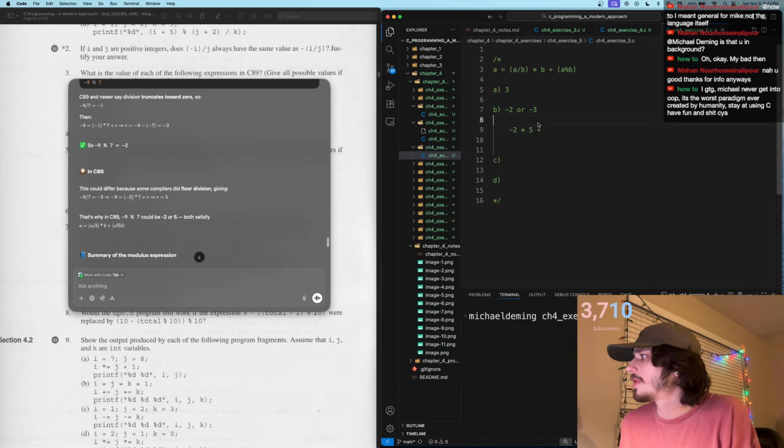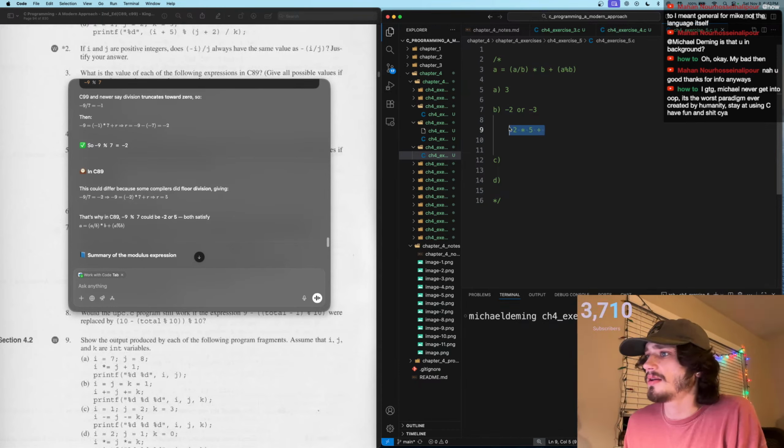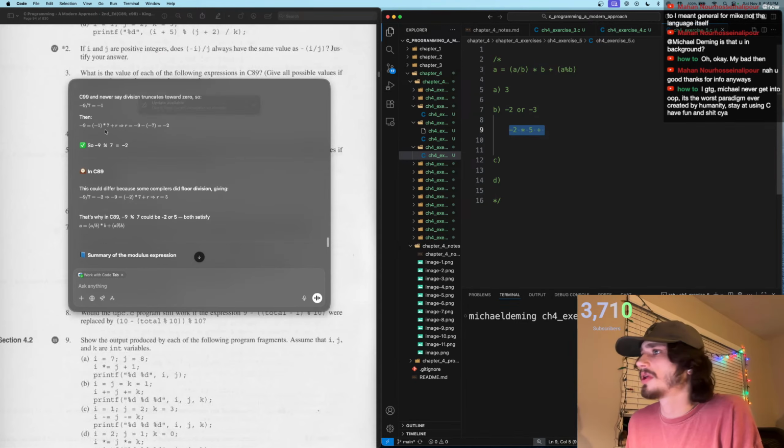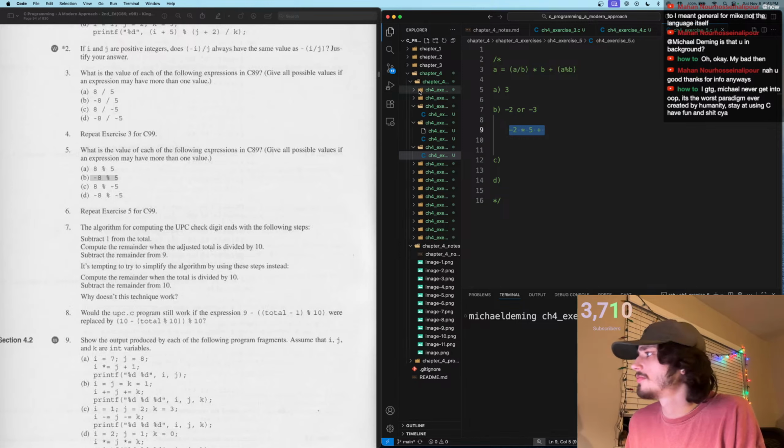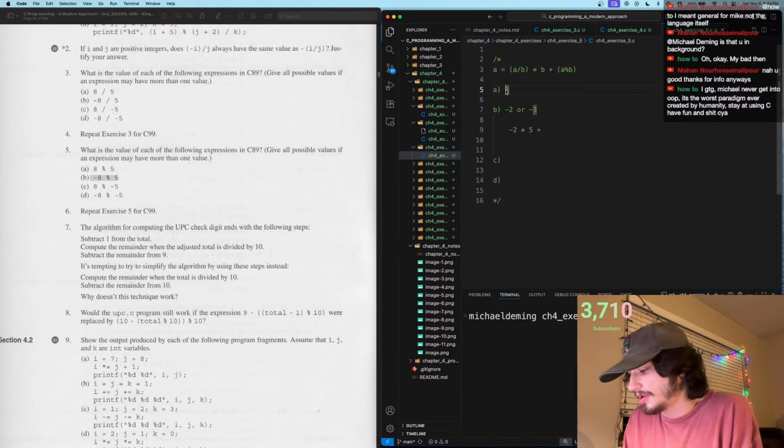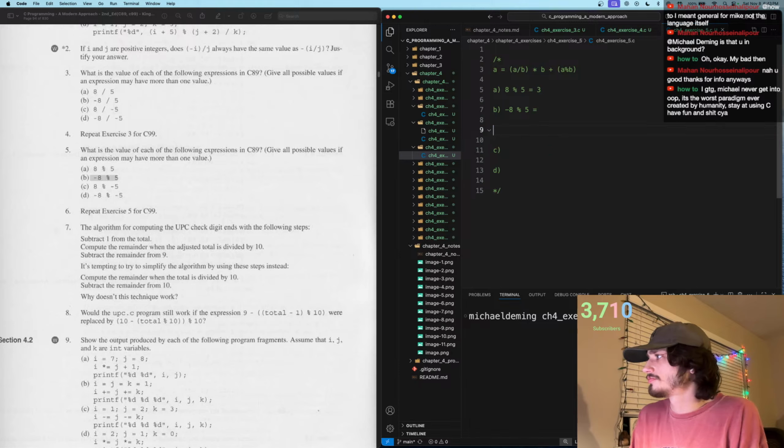Got you. So if we say that A, let me write out the formulas here so I can kind of see them better. 8 modulo 5 is going to equal 3, okay? -8 modulo +5 is going to equal to, we're going to go down here and do this.